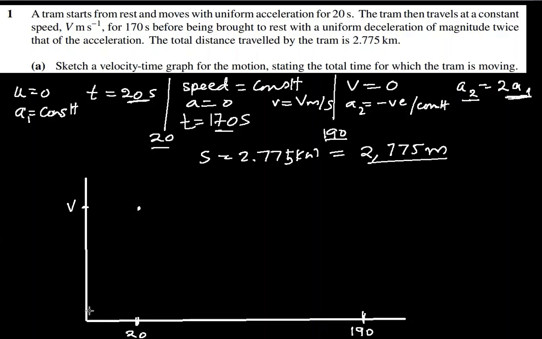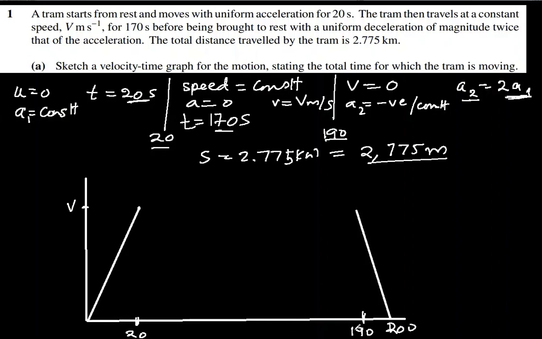This is the first stage of motion. But in the third, it will take half the time because the deceleration is twice in magnitude as the acceleration. So I have to take half of this, almost here. It will reach v again, same level, but it will be steeper. So this time is 200, isn't it?